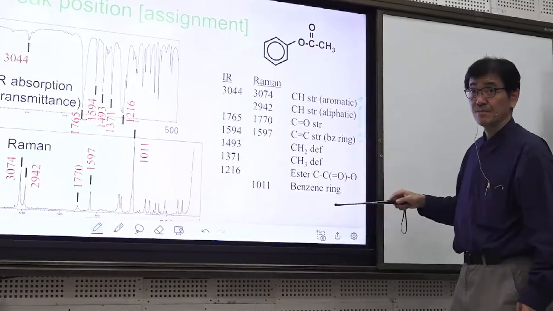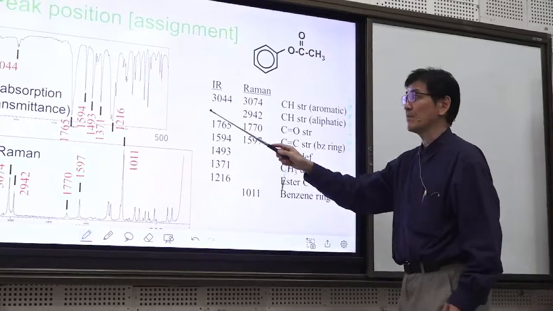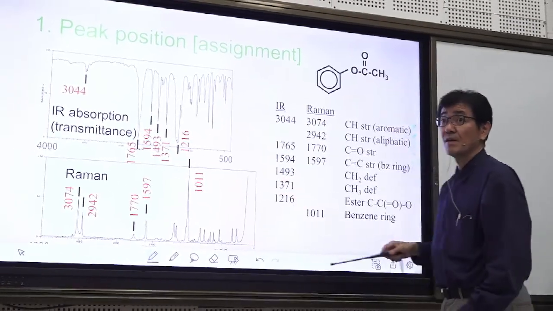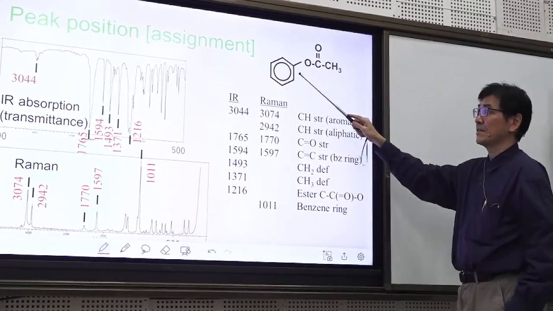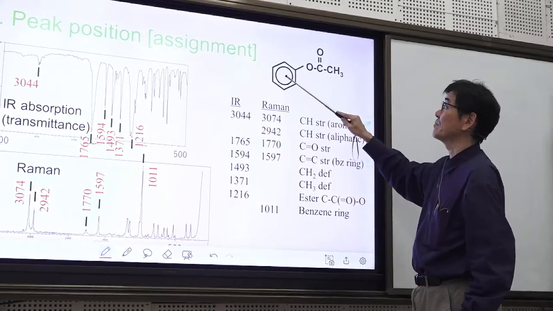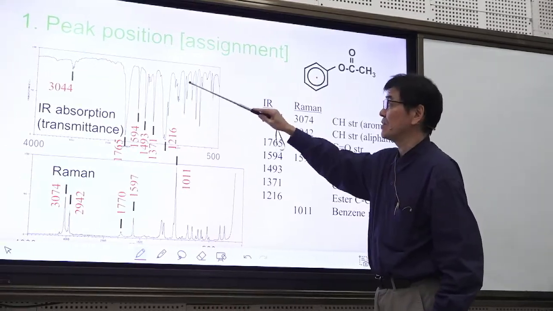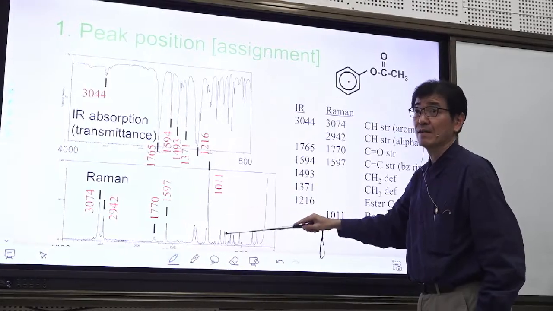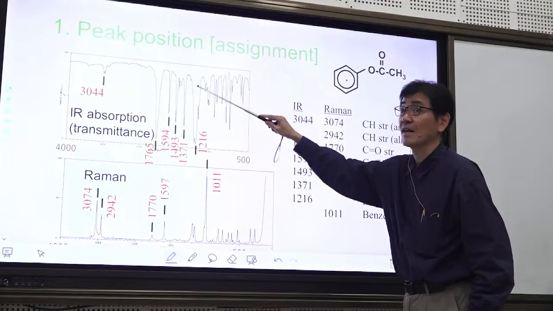Okay. In the case of lower symmetry, all the peaks should appear in both spectra. And when the symmetry is higher, in particular if the molecule has an inversion symmetry, then the bands that appear in IR do not appear in Raman, and the peaks that appear in Raman do not appear in IR.